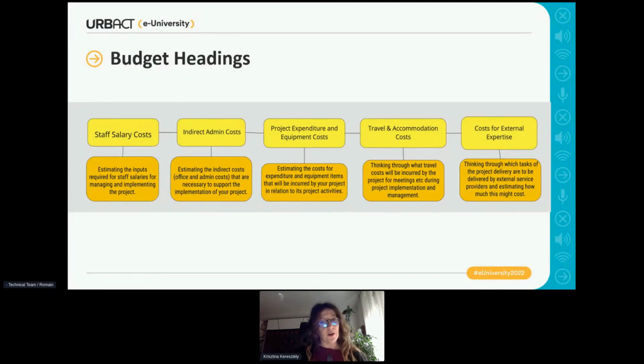So these are all the costs that are linked to travel activities and, if necessary, accommodation and subsistence that are linked to your different project activities and needed for your outputs. And at the end, costs of external expertise. So everything that you estimate external support or external service is needed for, is to be here.